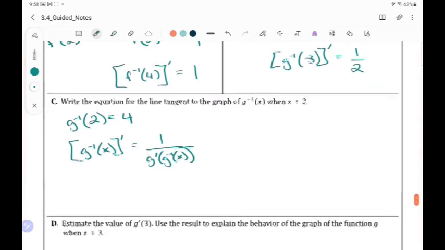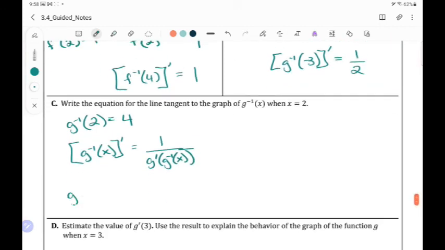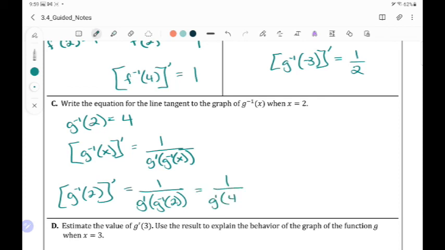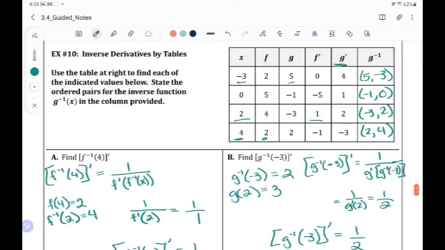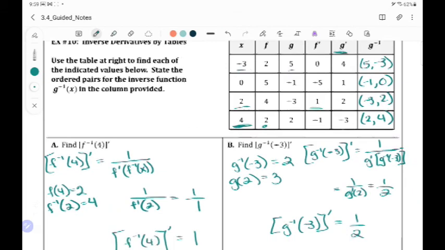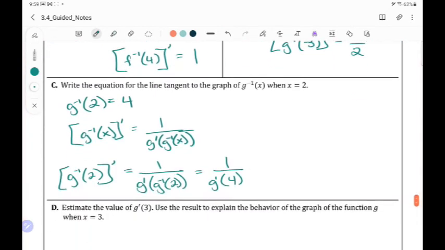So G inverse of 2 prime equals 1 over G prime of G inverse of 2, which means 1 over G prime of 4, because we already set up that G inverse of 2 is 4. Going back to our table, G prime of 4 is negative 3. So I have 1 over negative 3.